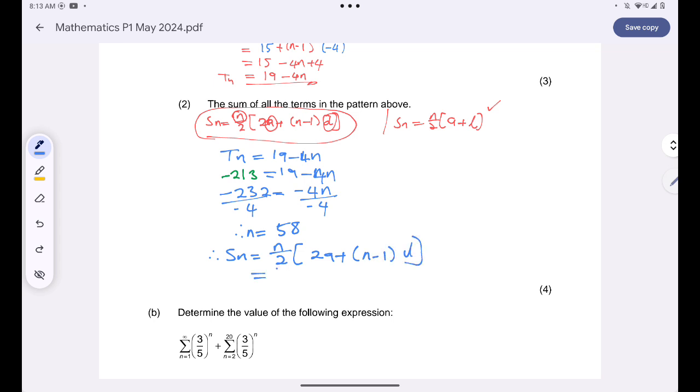I'll simply say whenever I see n, I'll substitute 58. The first term is 15. I'll say 58 minus 1. Common difference is simply minus 4. What do I get? Let me punch my precious calculator. 58 over 2.